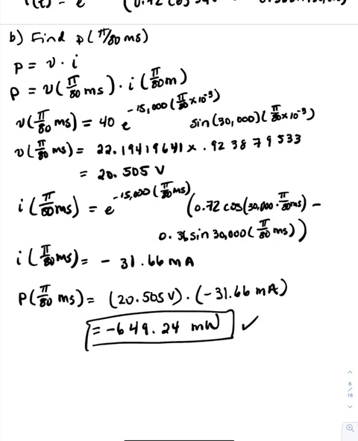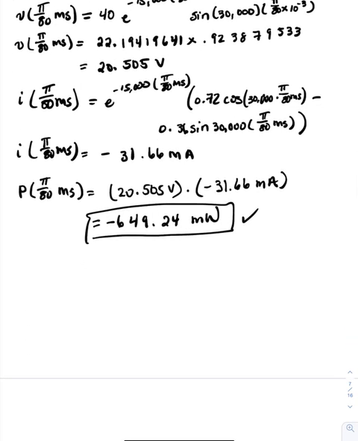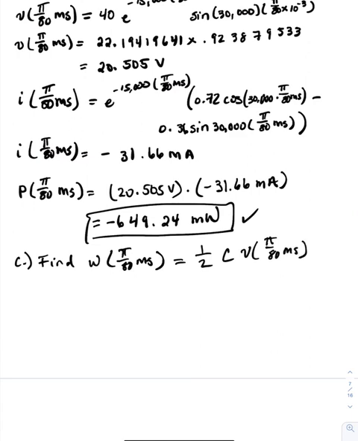All right, part C. Find the energy stored in the capacitor at t equals pi over 80 milliseconds. All right, so with capacitors, we know that w at pi over 80 milliseconds is equal to 1/2 the capacitance times the voltage at pi over 80 milliseconds squared.